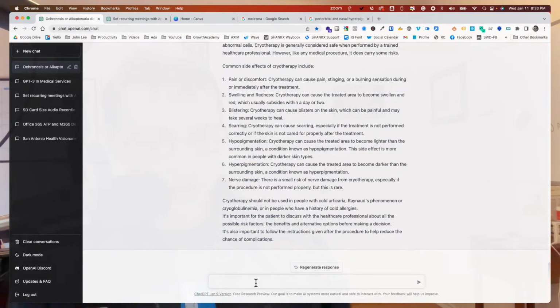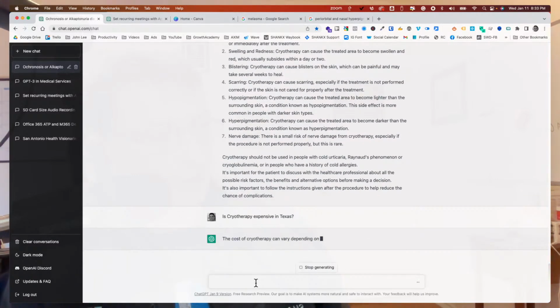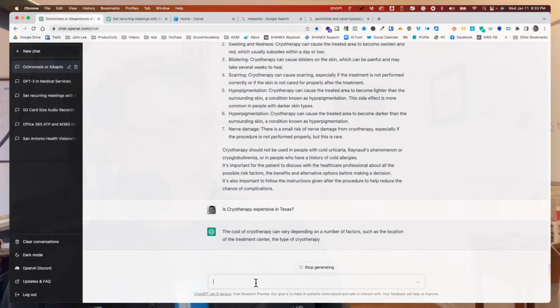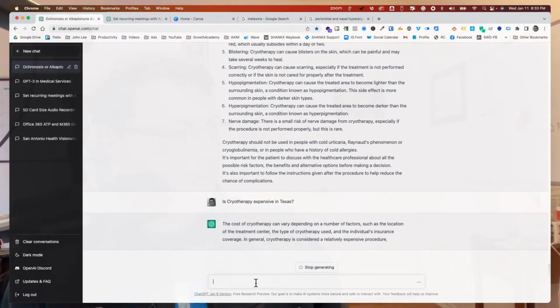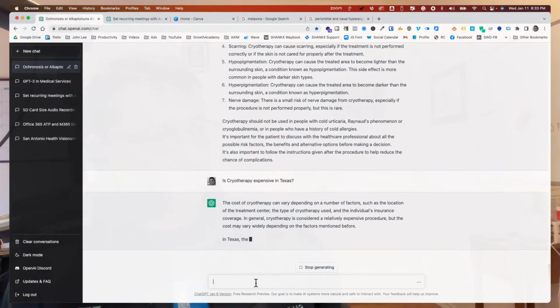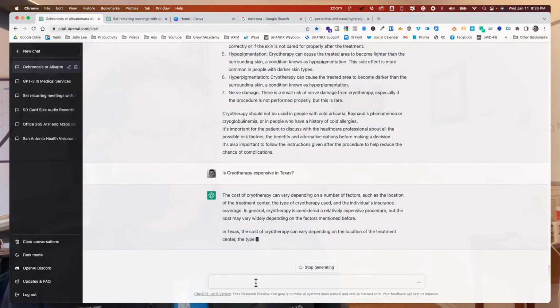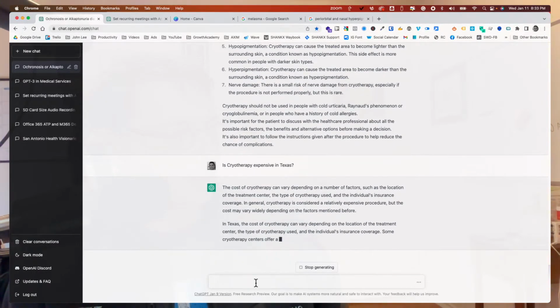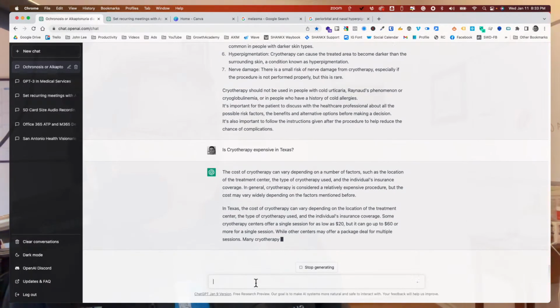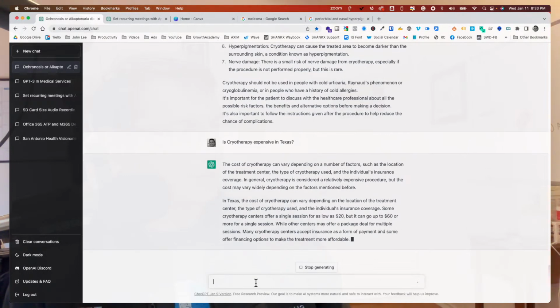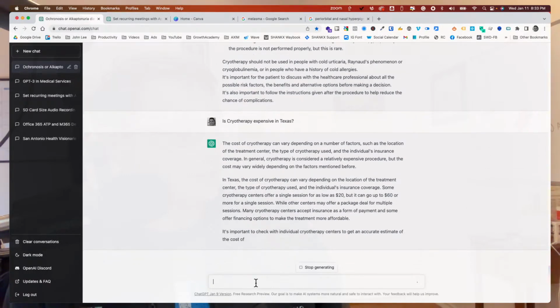Now, the last thing I want to know is, is cryotherapy expensive in Texas? Because I live in Texas. The cost of cryotherapy can vary depending on a number of factors, such as the location of the treatment center, the type of cryotherapy used, and the individual's insurance coverage. In general, cryotherapy is considered a relatively expensive procedure.